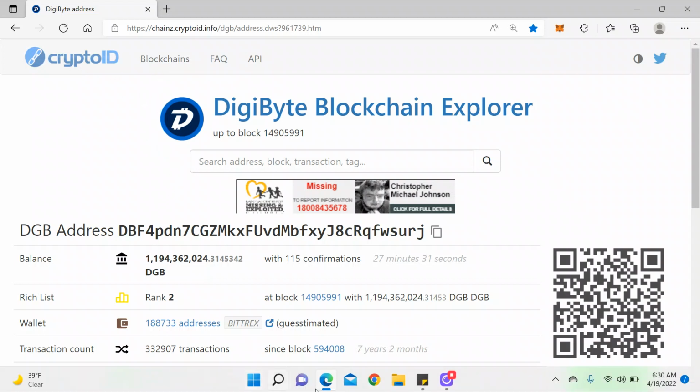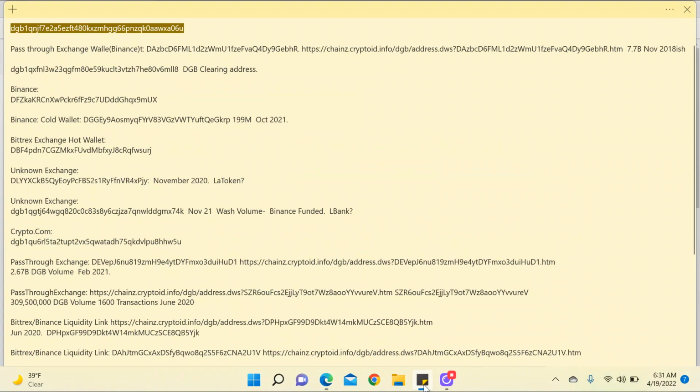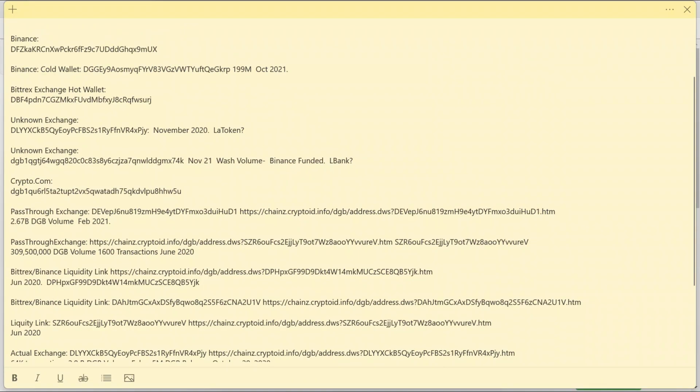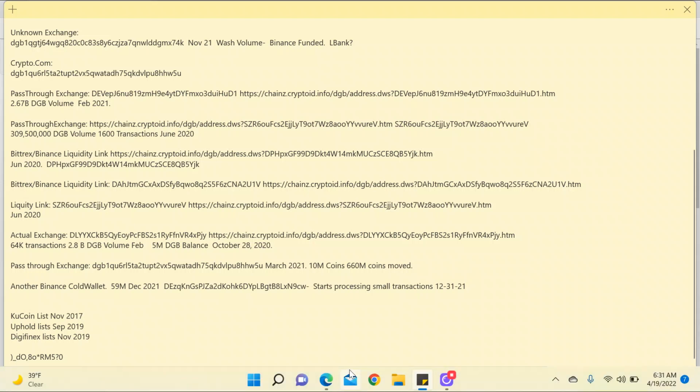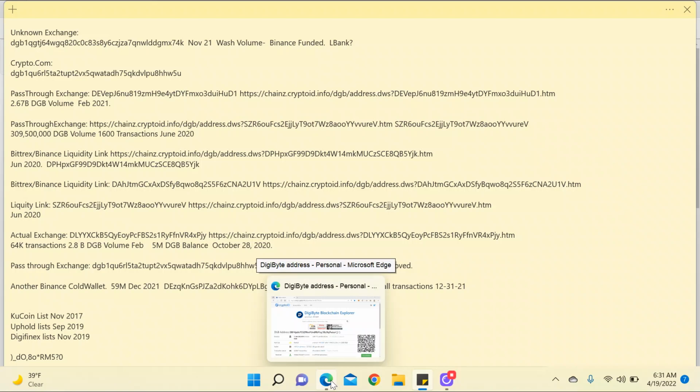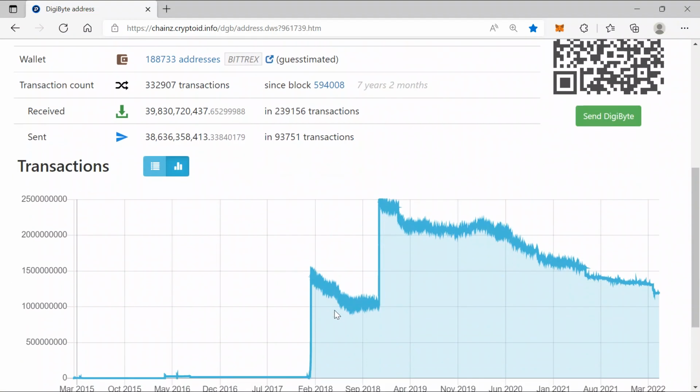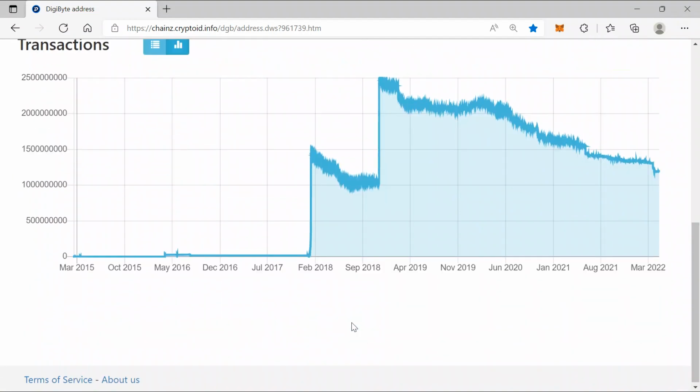Now I do have a list, this is not my pretty list, but I'll show you my ugly list of wallet addresses as I go through and try to figure out who's who and what's what, and understand essentially how to go back and take a look at things.